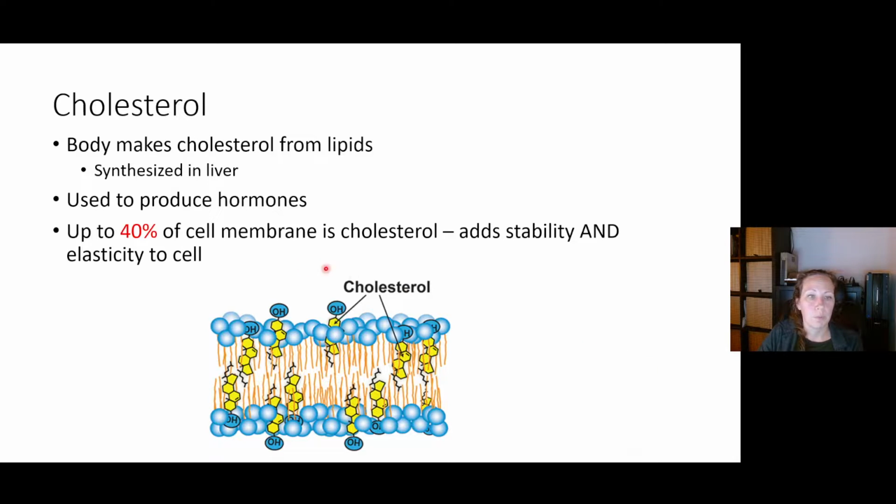Up to 40% of all our cell membranes are actually composed of cholesterol. It adds stability, structure and elasticity. So it adds the structure, but also allows the cells to, I guess, bend without breaking.